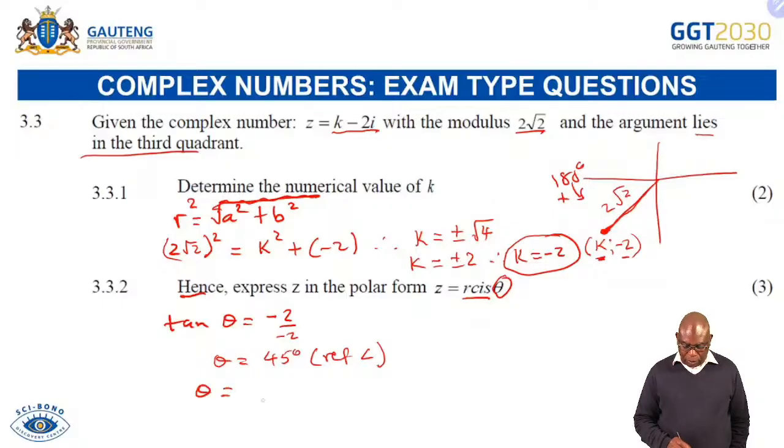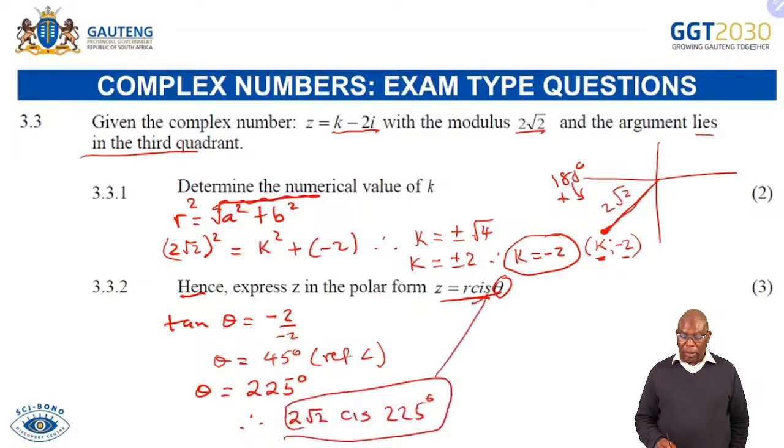So the theta will be 180 plus 45, which gives me 225. And therefore, I want it in this form. The R value is 2 root 2 and the angle is 225. So that is how they want it.